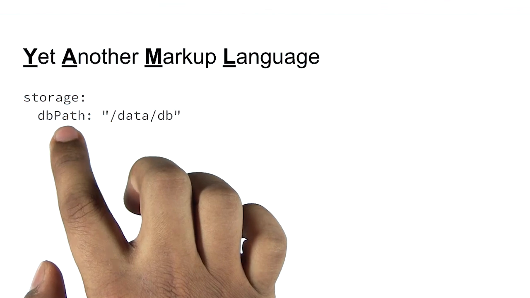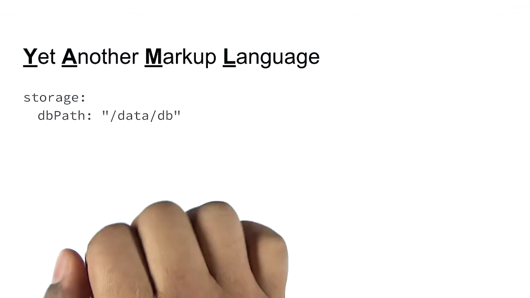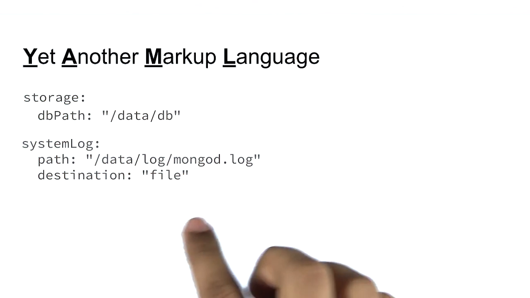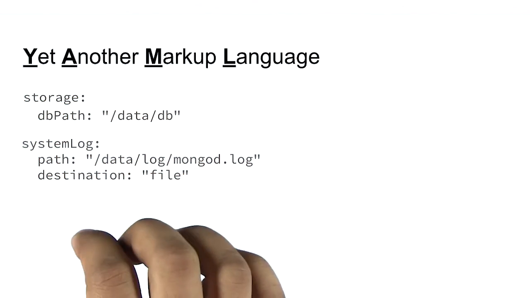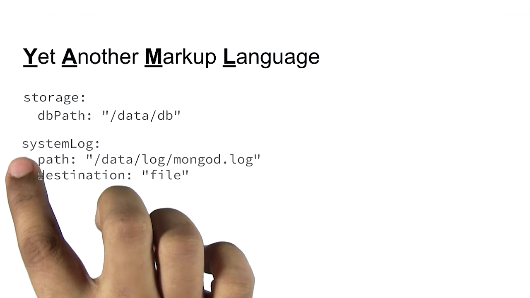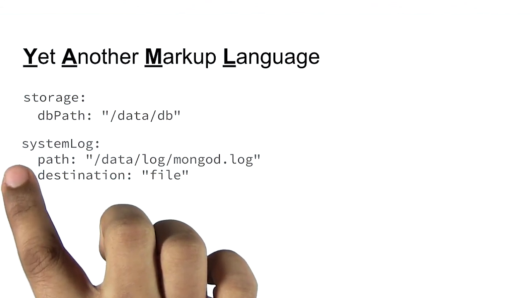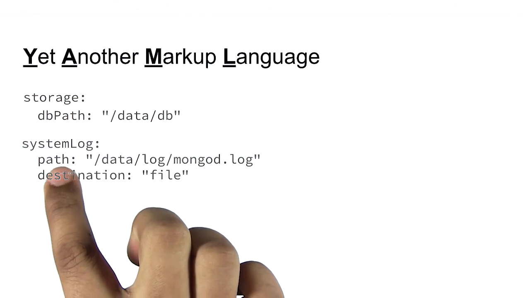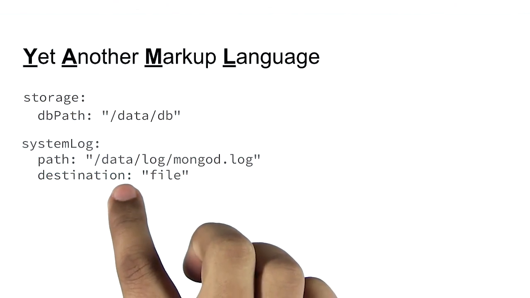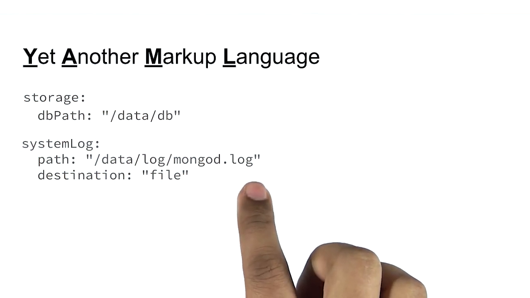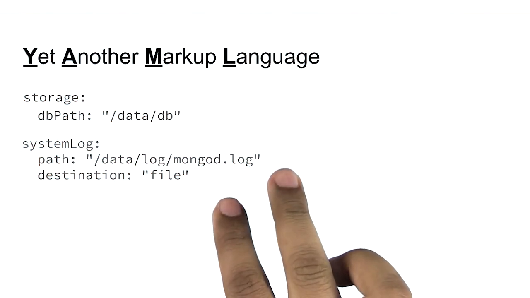The command line option was --dbpath. A key can have multiple embedded key pair values, each representing an option related to the top-level key. So here we have our system log family of options, where I am specifying the path to the log file and the file type. You'll notice that our one option, logpath, became two.